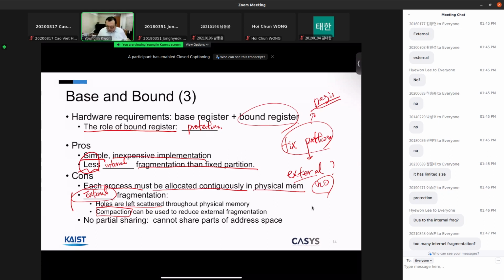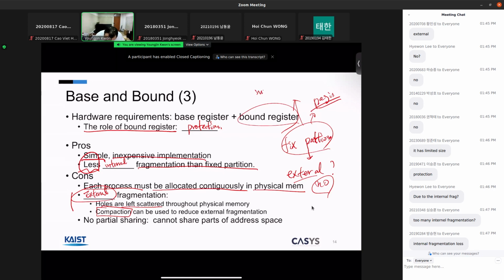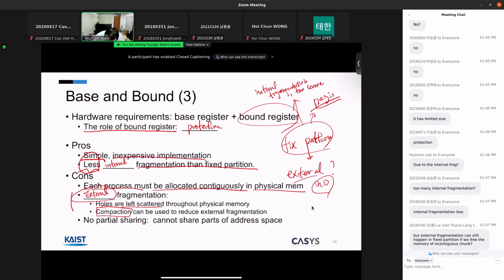Yeah. Okay. So because of the internal fragmentation. If we take the total sum of wasted memory, base and bound wastes memory due to internal and external fragmentation, and fixed partition wastes memory by internal fragmentation.